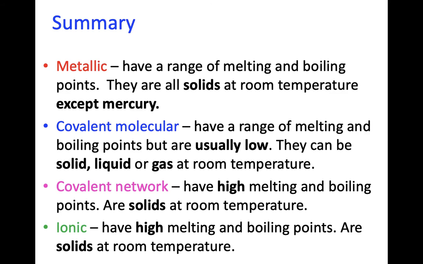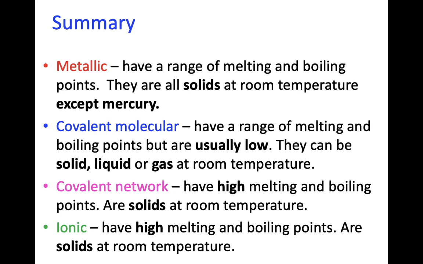Okay, welcome back. So, here is what we should have seen from completing that table. Now, our metallic elements, they have a range of melting and boiling points. They can be kind of middling to quite high, and they are all solids at room temperature with the exception of mercury.